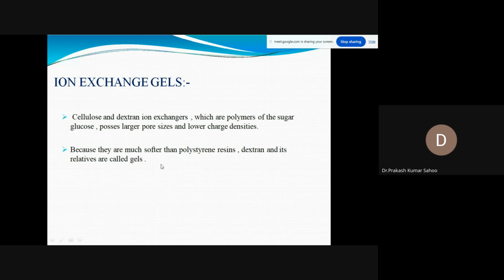Okay. So in ion exchange gels, we have two materials, that is cellulose and dextran. As we know, cellulose is a polymer of glucose or sugar, having higher pore size and lower charge density, because they are much softer than the polystyrene resin, which we have already discussed in the previous slide. So these are called gels.